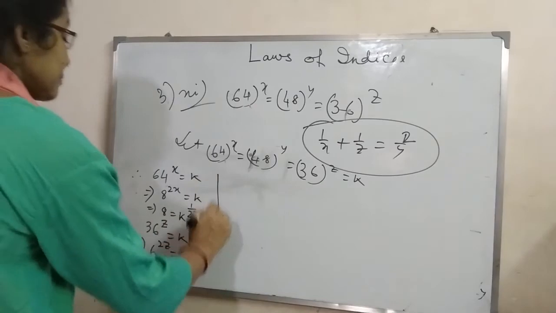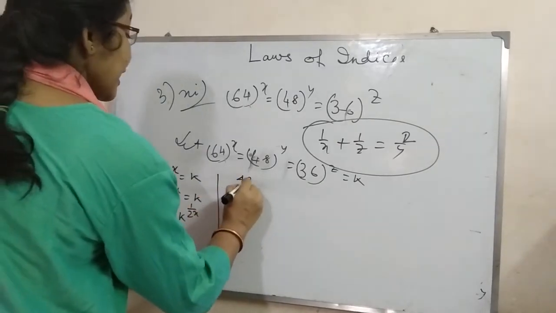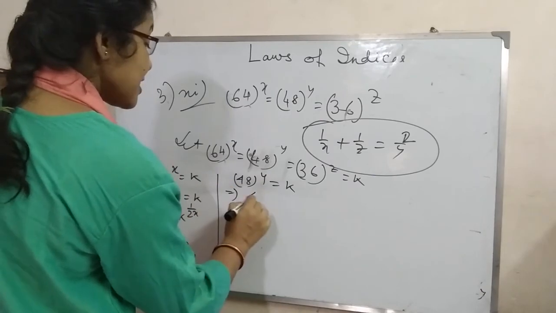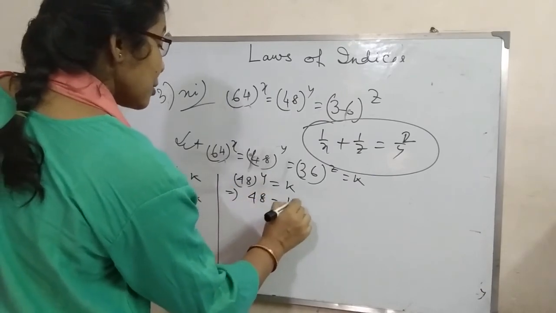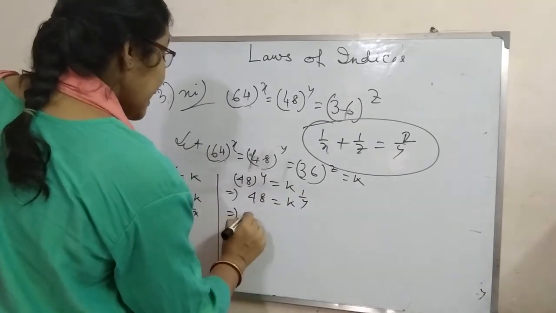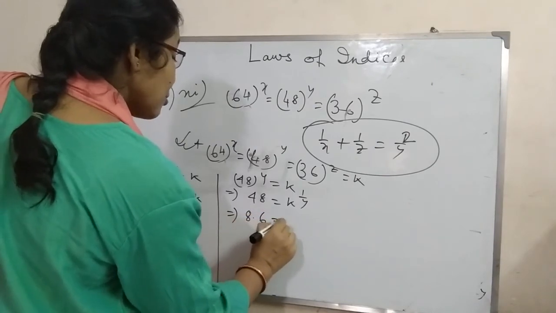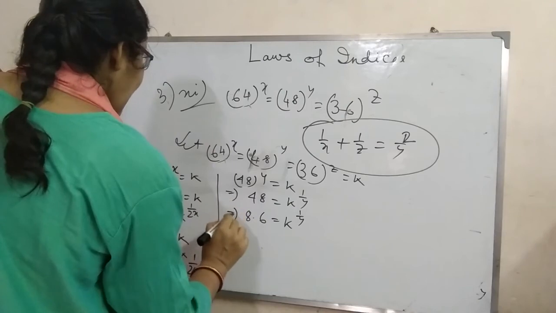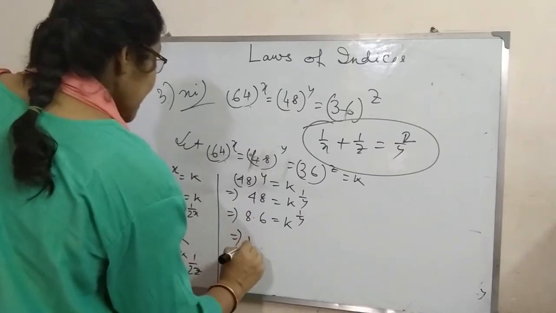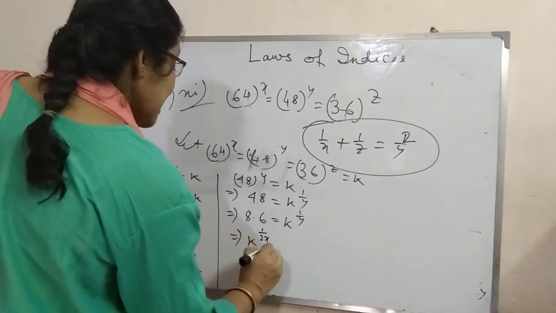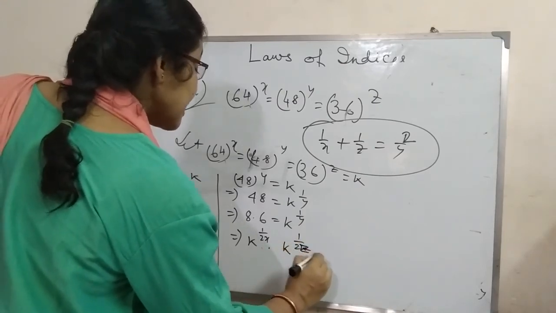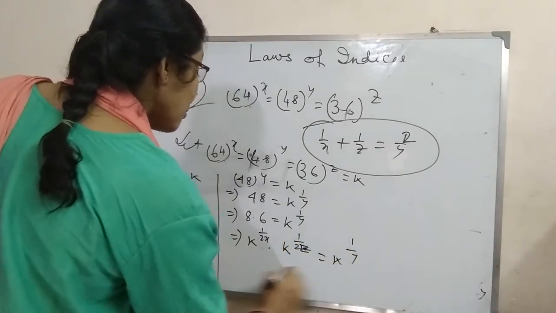Okay. 48 whole to the power y equal to k. In the similar way I can write 48 equal to k to the power 1 by y. 48 equal to 8 into 6. For 8 I will write k to the power 1 by 2x, and for 6 I will write k to the power 1 by 2z. This is equal to k to the power 1 by y.